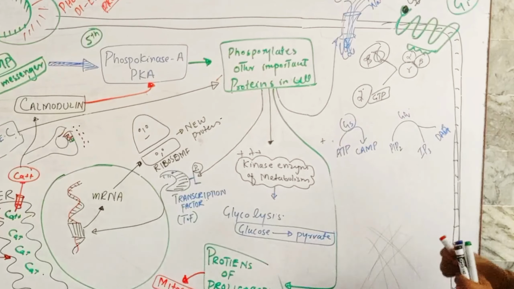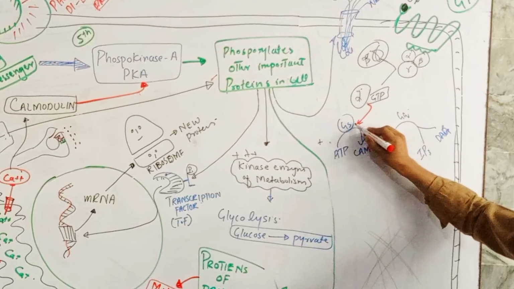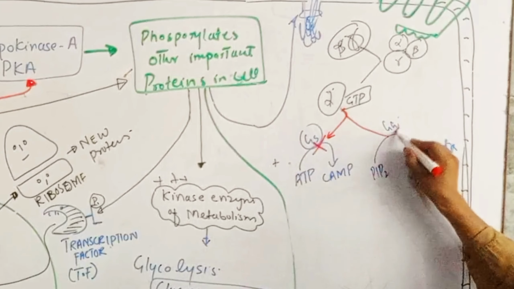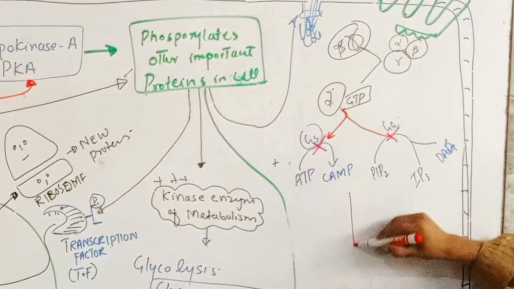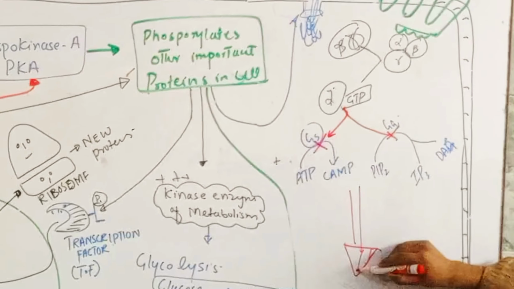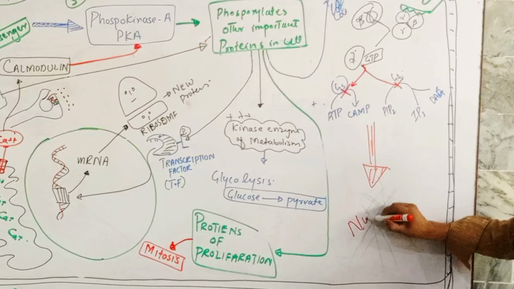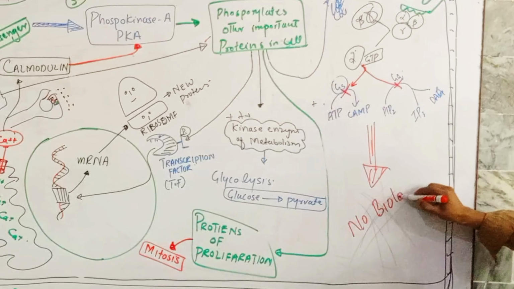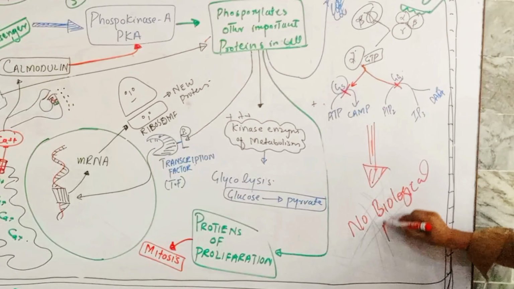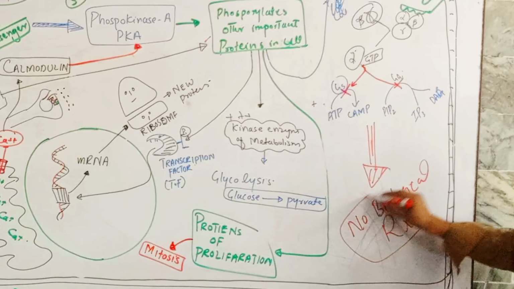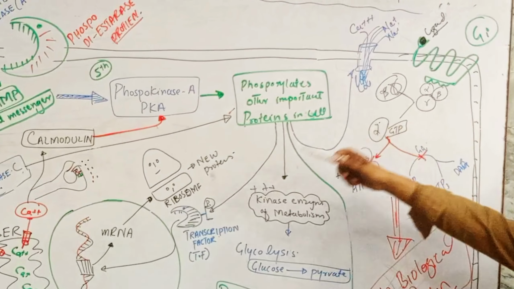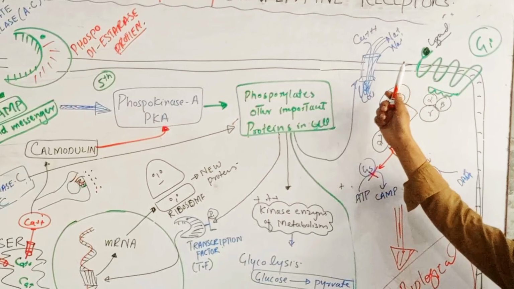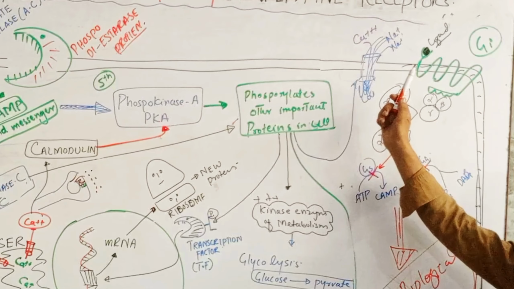This energy is now consumed in blockage of these pathways, and when these pathways are stopped or blocked, no further responses will occur. Right? So we can inhibit all these pathways by activation of the Gi pathway.